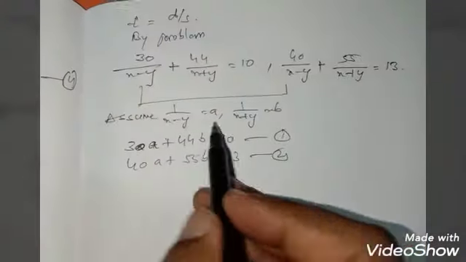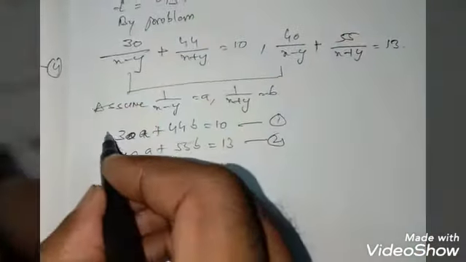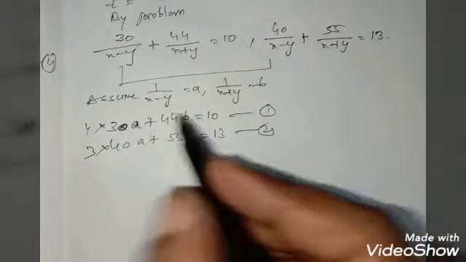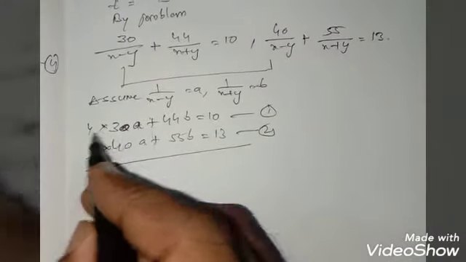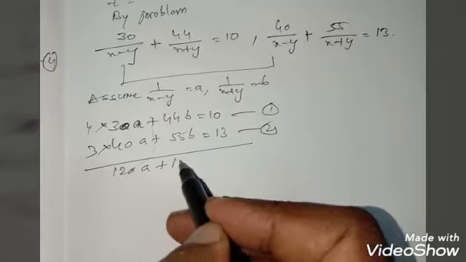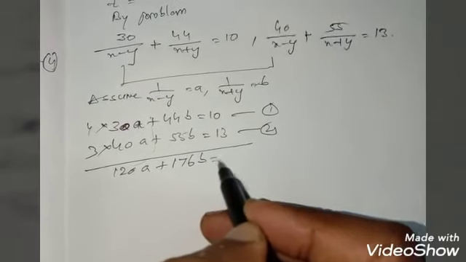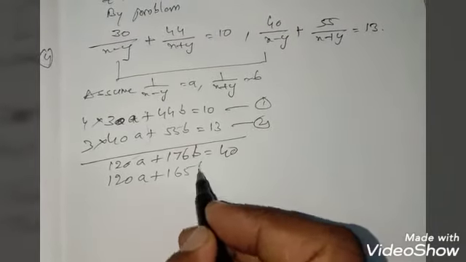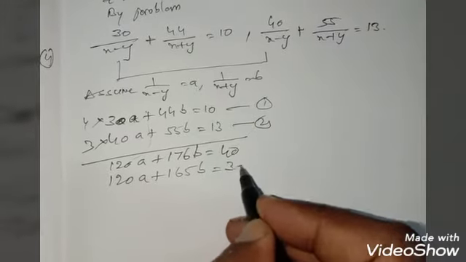Then multiply the first by 4 and the second by 3, so that the coefficient of a is equal in both. Now if I multiply by 4, you will get 120a plus 176b is equal to 40. Next, 120a plus 165b is equal to 39.